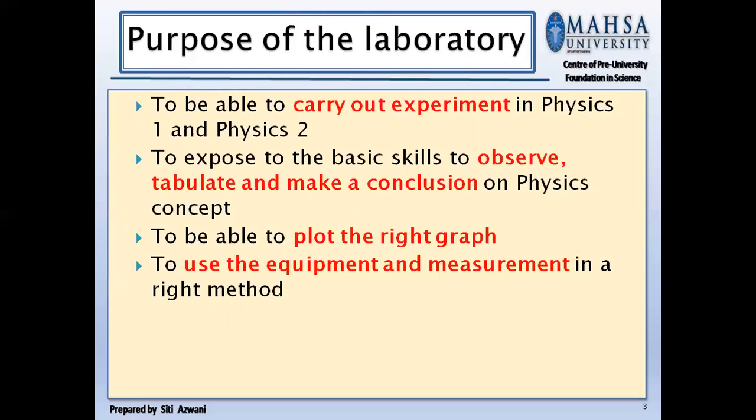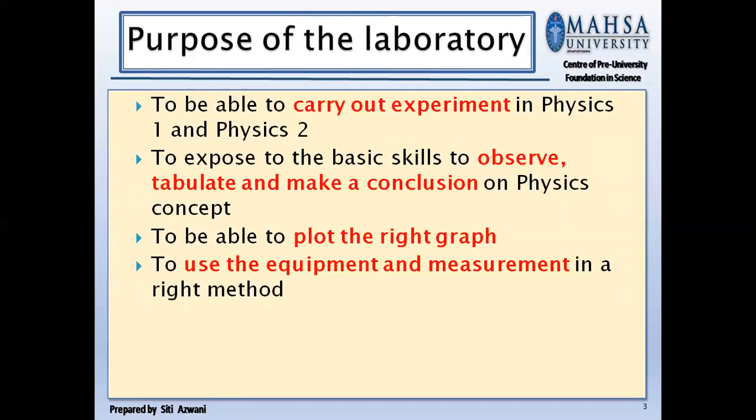Next, students should be exposed to the basic skills to observe, tabulate, and make a conclusion on physics concepts. This is the basic laboratory skill. You will learn how to observe, how to tabulate, how to make a conclusion, how to write your data in a table, how to write the discussion, and how to analyze the result.